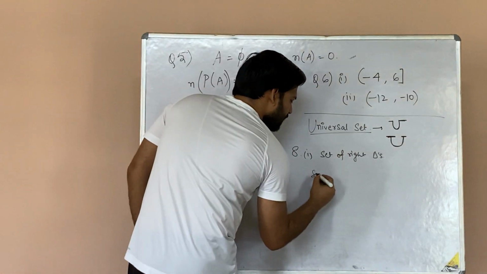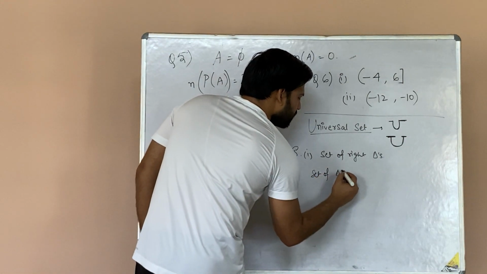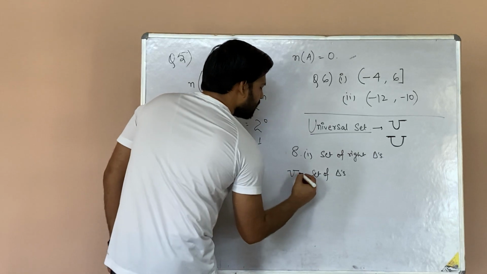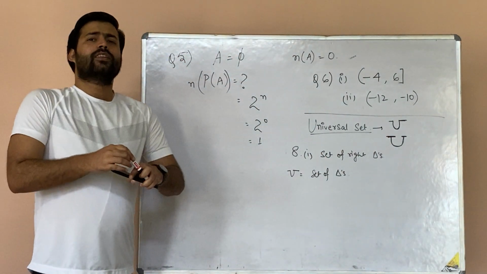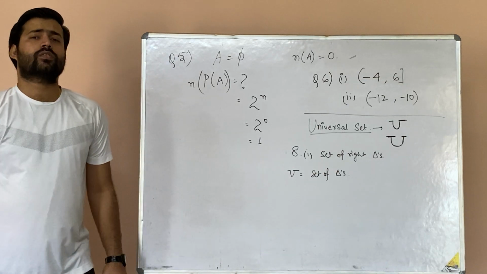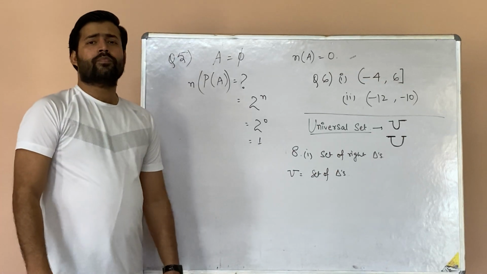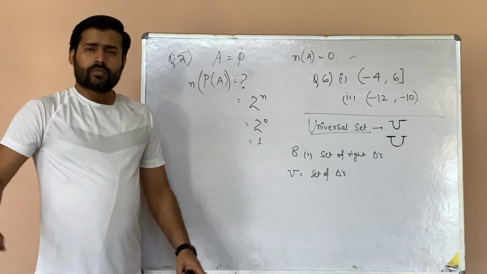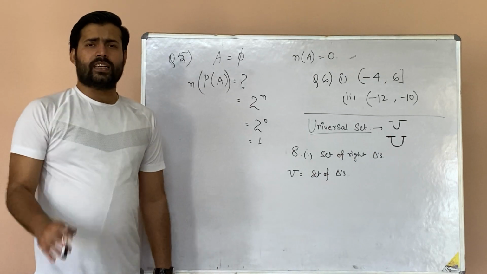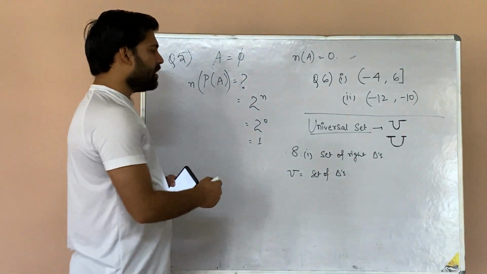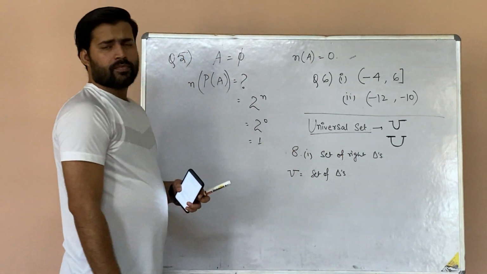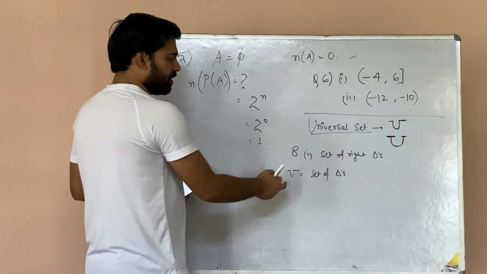If you are saying set of triangles, in this set of triangles all right triangles will come, and not only right triangles, isosceles will also come, equilateral will also come, scalene will also come, all sorts of triangles that you have studied about will come under the set of triangles. So this universal set can be defined as what? Set of triangles.